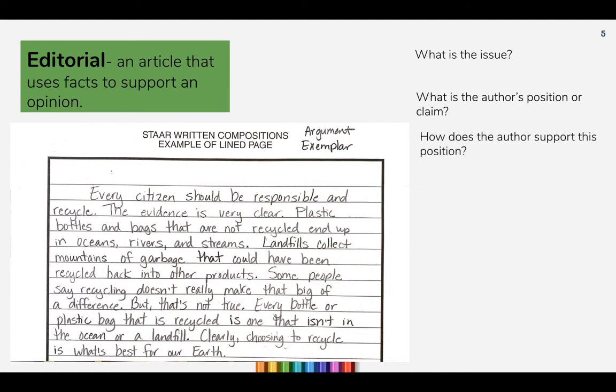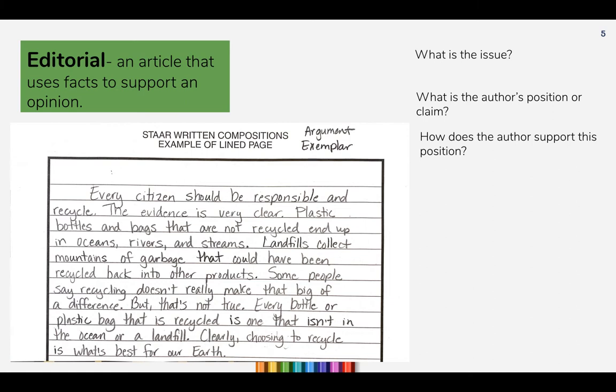Well, the author supports this position by stating things like plastic bottles and bags that are not recycled end up in oceans, rivers, and streams. Okay? This can be proven. This is a fact. The author also states things like landfills collect mountains of garbage that could have been recycled back into other products. The writer stated their position and claim, and then they supported their position with evidence.